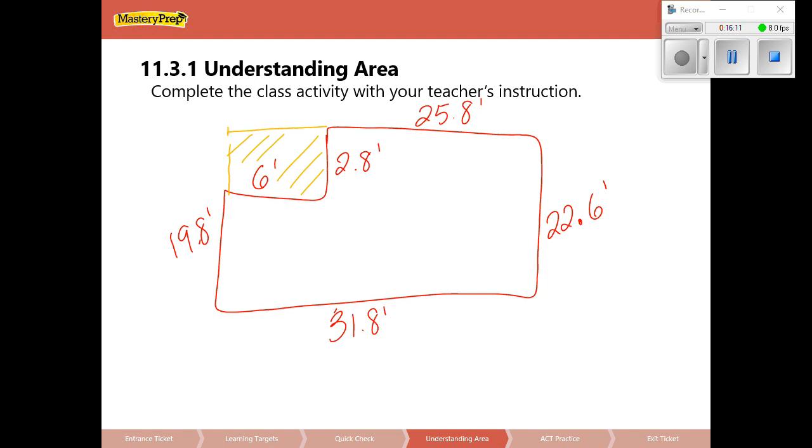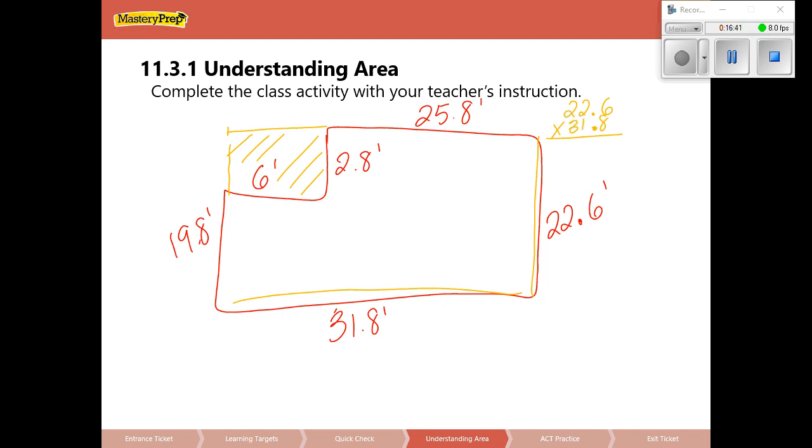Well, the area, with that included, would be doing what? So the overall length is 22.6 feet, yes? The overall width is what? 31.8. So we would need to multiply those two together.